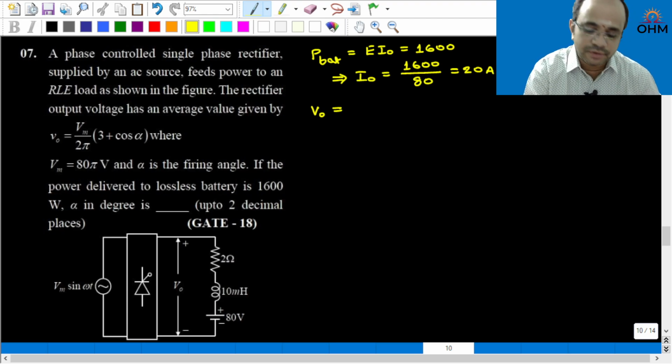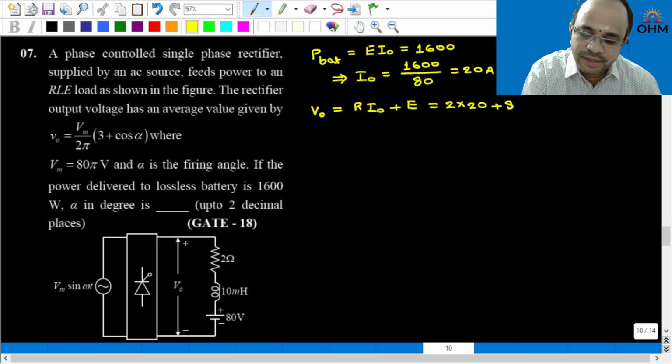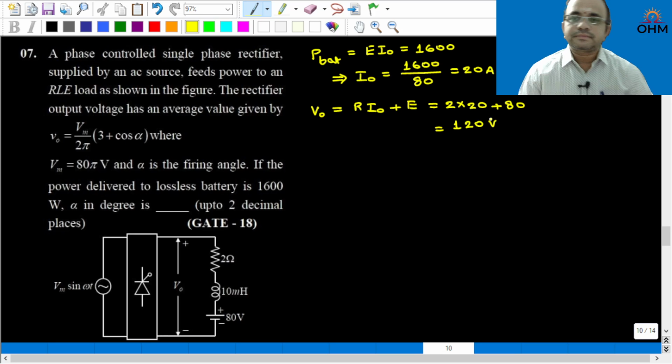What is average output voltage from here? R into I naught plus average inductor voltage will be 0 plus E. Okay, therefore 2 into 20 plus 80, right? This value will be 40 plus 80, 120 volt.